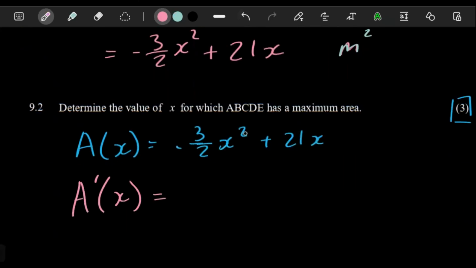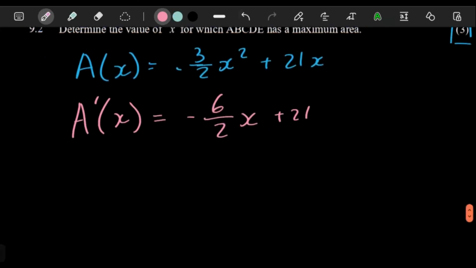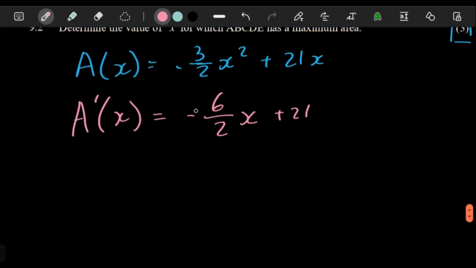So differentiating once is 2 times this thing here, which is negative 6 over 2x plus 21. If you want to simplify, you can, but we don't have to. Once you've differentiated, you just need to make your equation equal to 0, and then you solve for x.